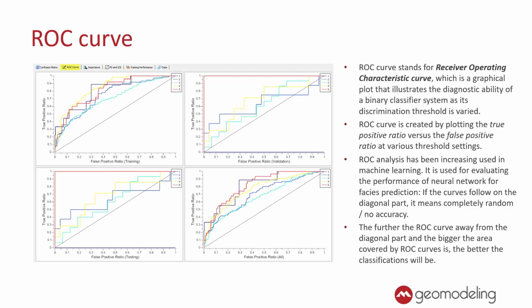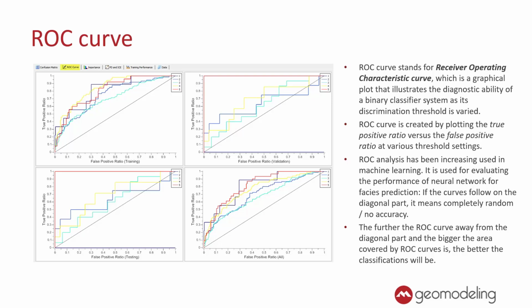The ROC curve stands for Receiver Operating Characteristic curve, which is a graphical plot that illustrates the diagnostic ability of a binary classifier system as its discrimination threshold is varied.